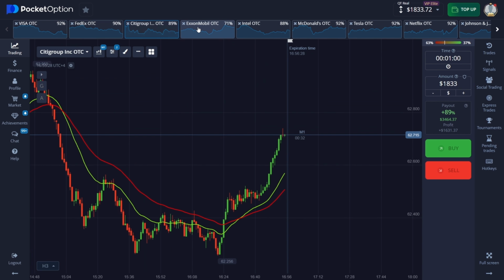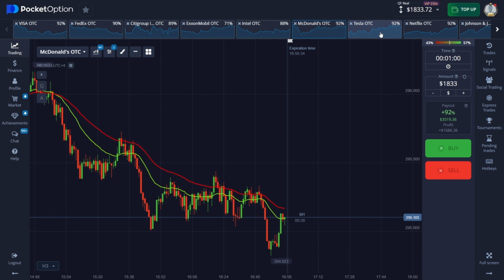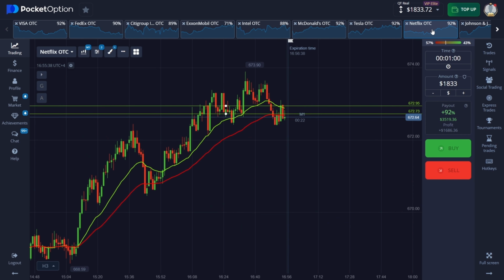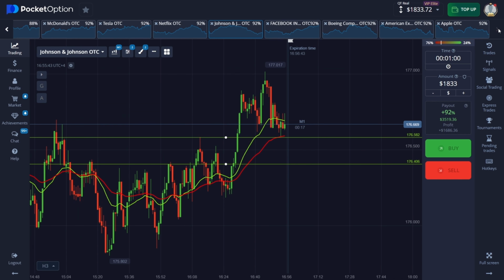But I don't want to stop here. I want to trade because I want to end this compounding session with a profit. Let's find one more trade for $1,833. I want a good trade because I don't want to lose my money this time.